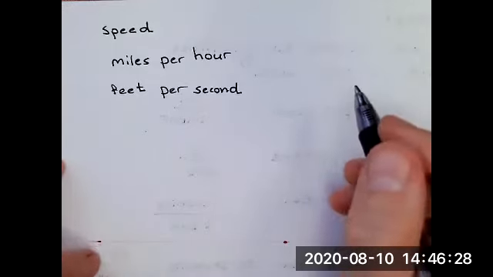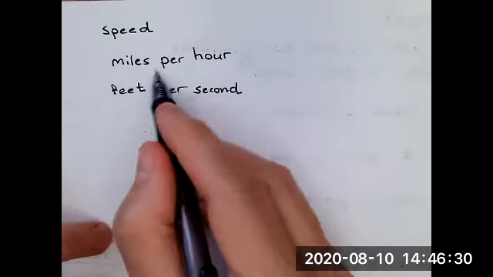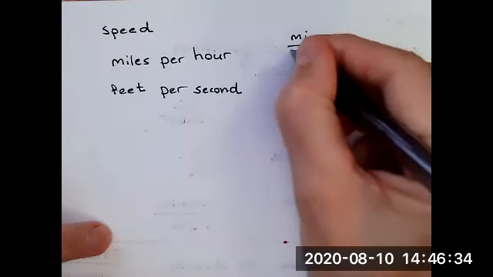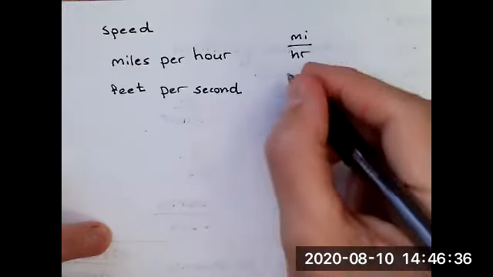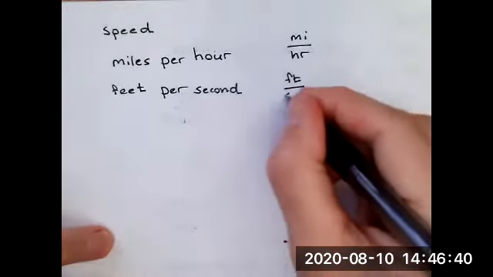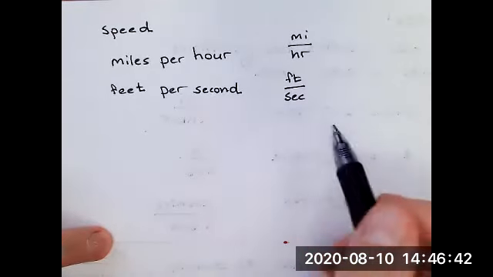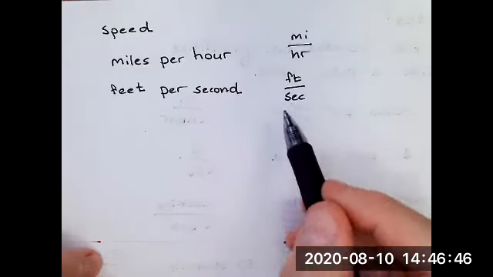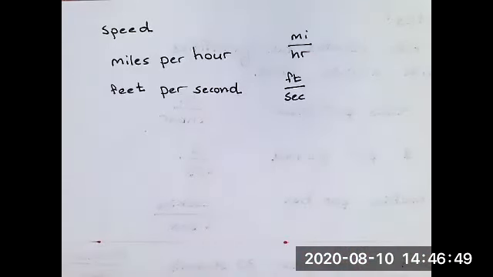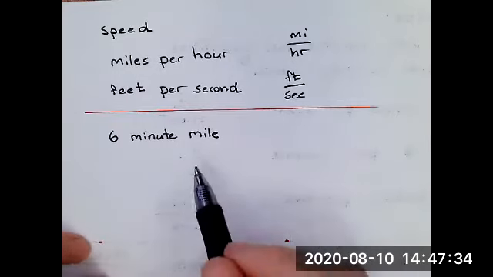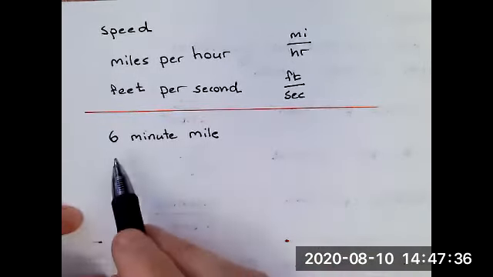Speed is a very common rate. Miles per hour is miles over hours. Feet per second is feet over seconds. Usually, the time is in the denominator. There's one exception.